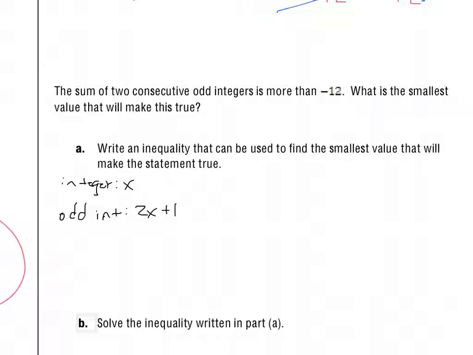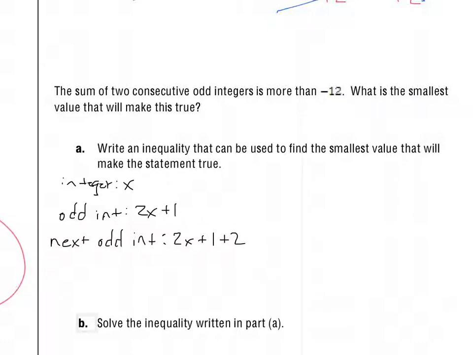So if we want the next odd integer, what do I need to do? So thinking about this, say I have the number 3. How do I get to the next odd integer? All right, you need to add 2 to it. So I'm going to take the odd integer that I have, 2x plus 1, and I'm going to add 2 more. Those are my 2 odd integers.